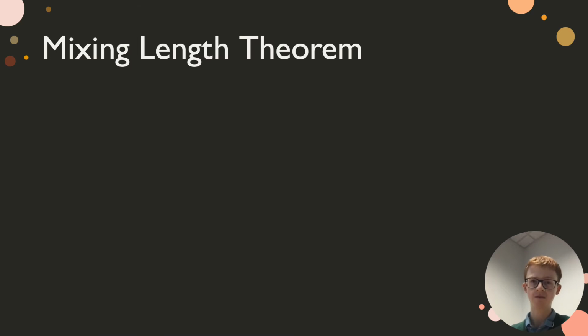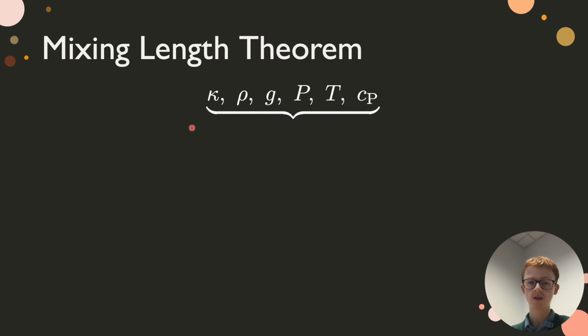Now, specifically, looking at the equations, we've got these values here: opacity, density, gravitational field strength, pressure, temperature, and specific heat at constant pressure. These are all local values, so at that specific radius. This is a one-dimensional model, so our dimension is radius from the centre to the outside of the star.